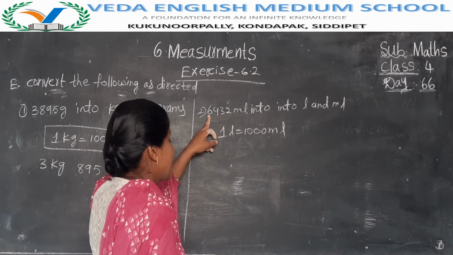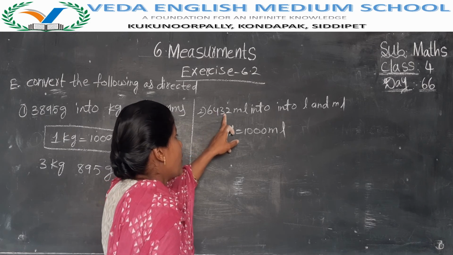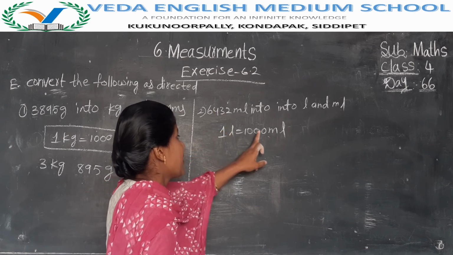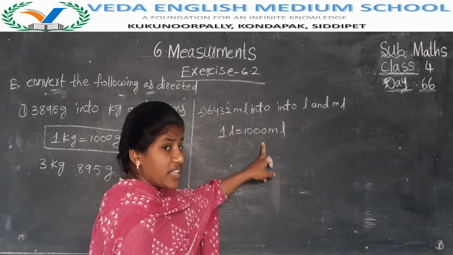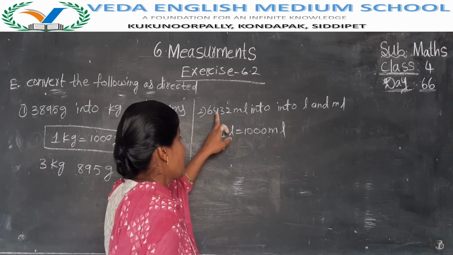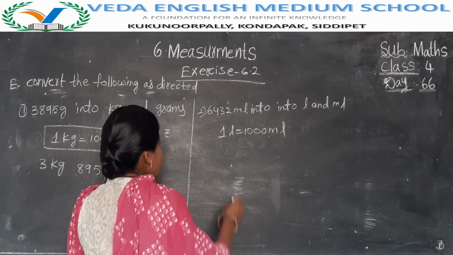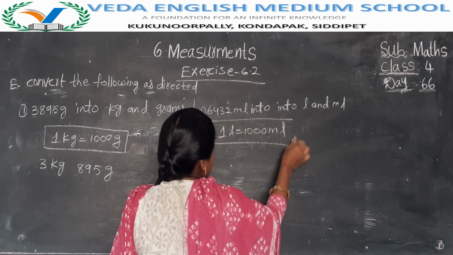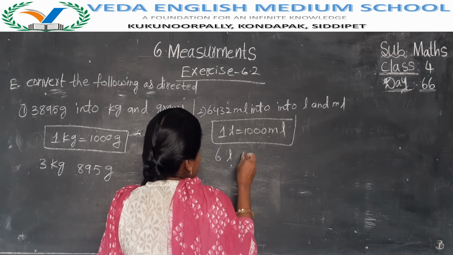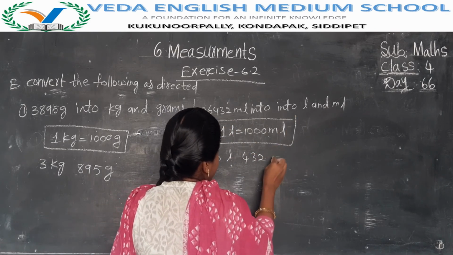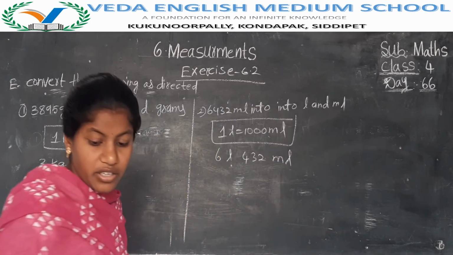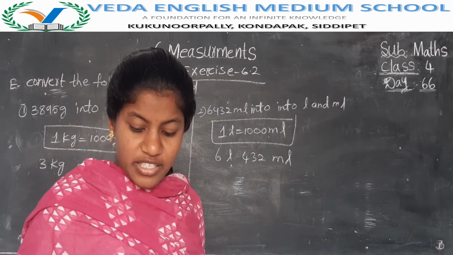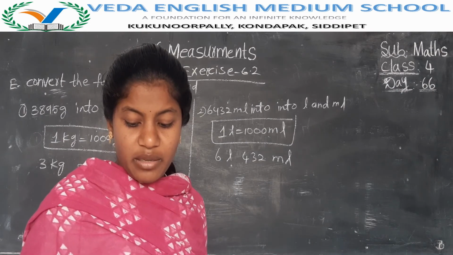So we have to say directly 6 liters 432 milliliters. 1 liter is 1000, so 6 liters is 6000. You have to write directly 6 liters 432 milliliters.